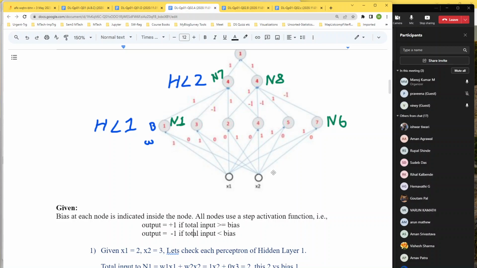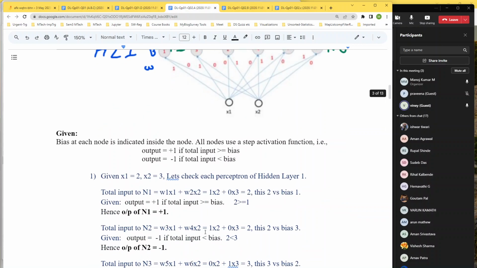So now the input is 2, 3. It is less than the bias, so -1 will go. N2 is -1.